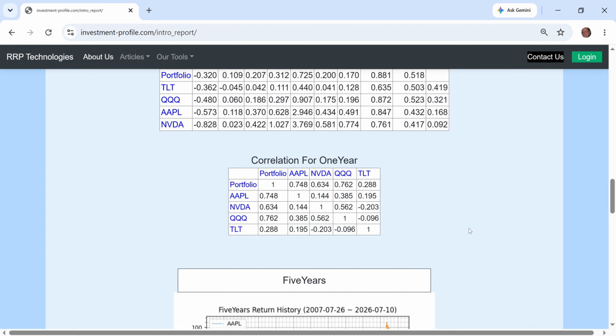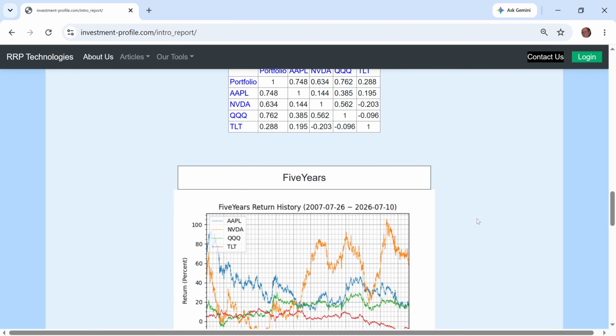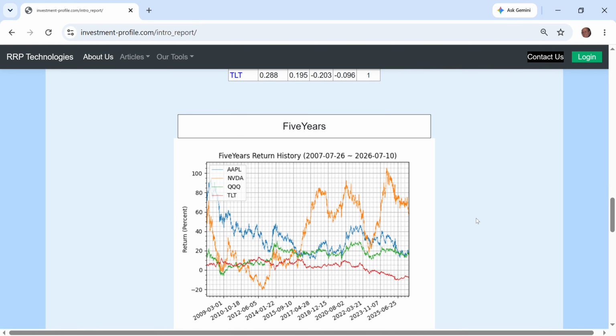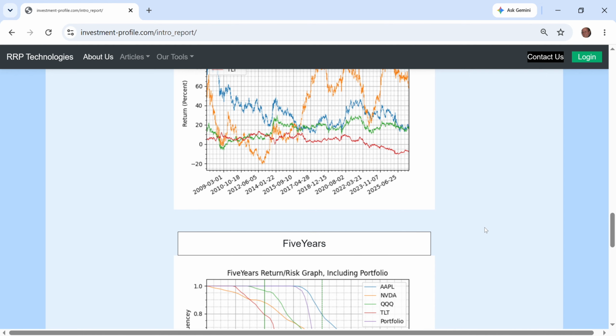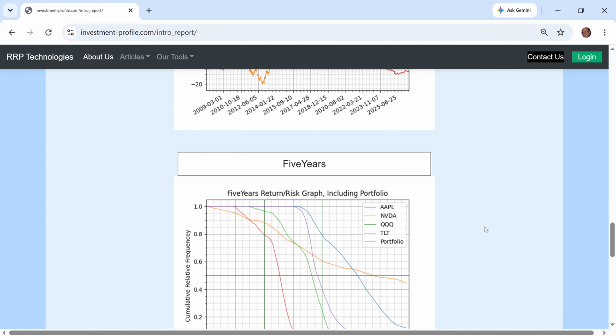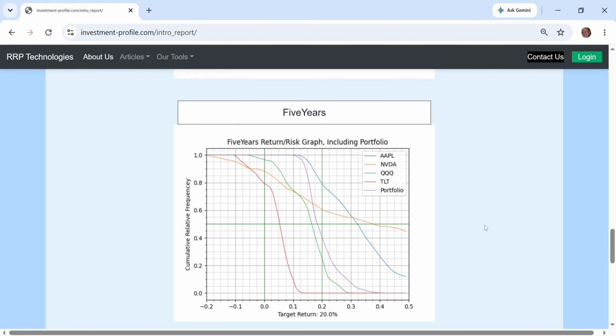Now, let's scroll down and look at the 5-year results. We will skip the return graph, and we will look at the IRRP graph, is what we call this. And we use the same method to determine what the probability is of achieving 20%.